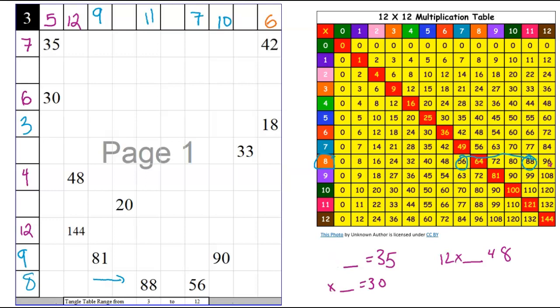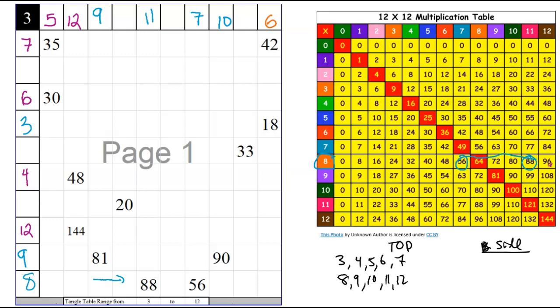Okay, so I want you to be thinking about, I'm going to erase all this stuff. On the top, again, you're using the numbers 3, 4, 5, 6, 7, 8, 9, 10, 11, and 12. And then on the side, again, you're using 3, 4, 5, 6, 7, 8, 9, 10, 11, 12. So what have we already used? On the top, I've used 5, 12, 9, 11, 7, 10, and 6.